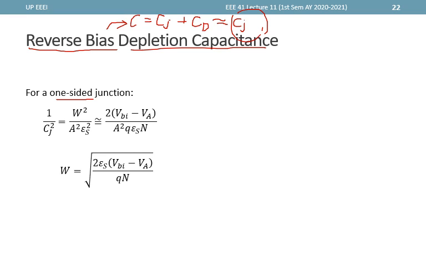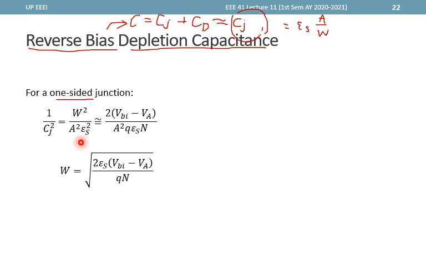So this one is related to epsilon S A over W. Now let's say we take the reciprocal of that and square it. So we get W squared over A squared epsilon S squared.